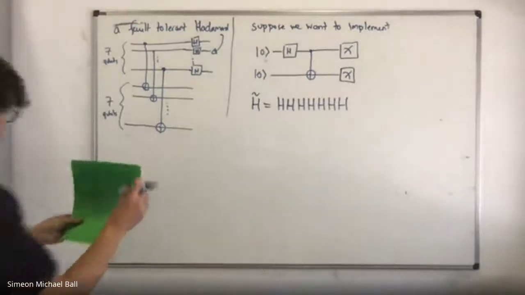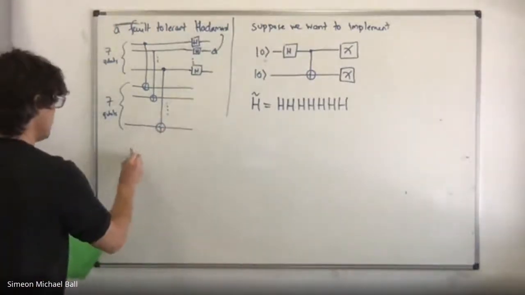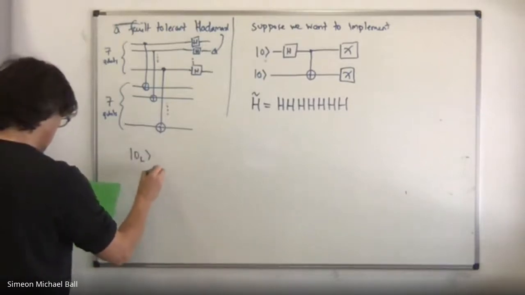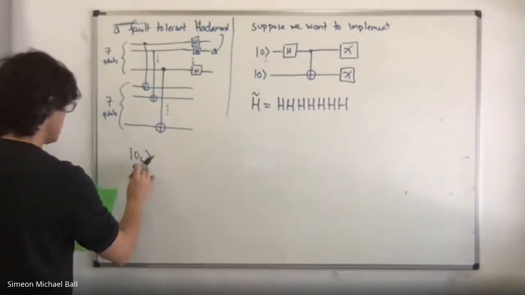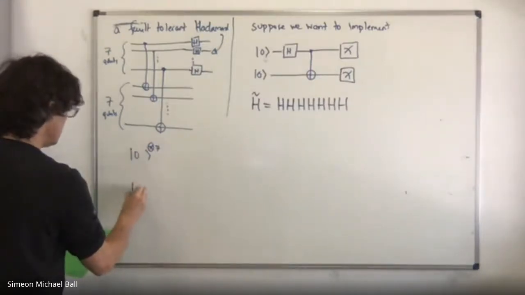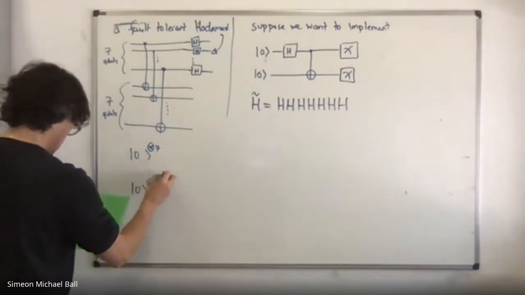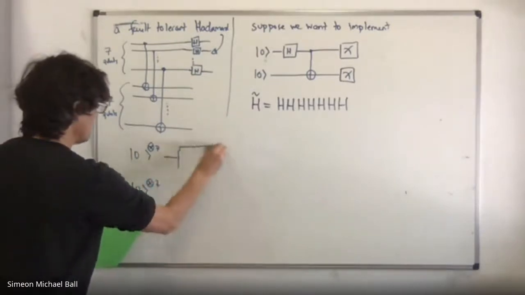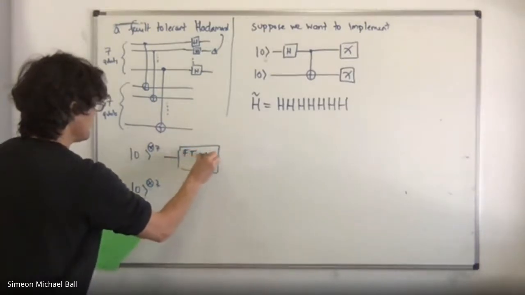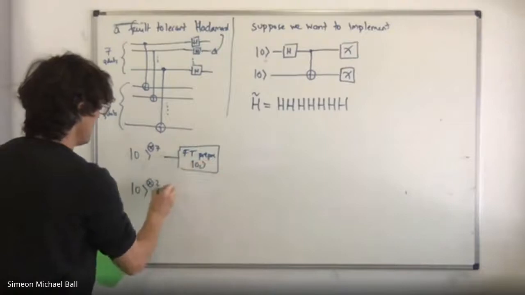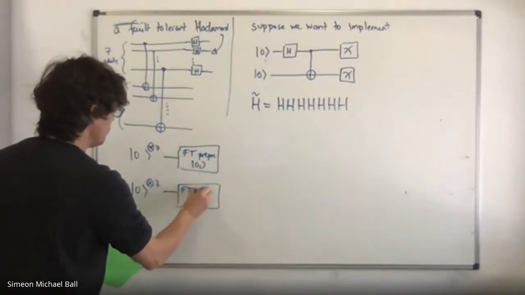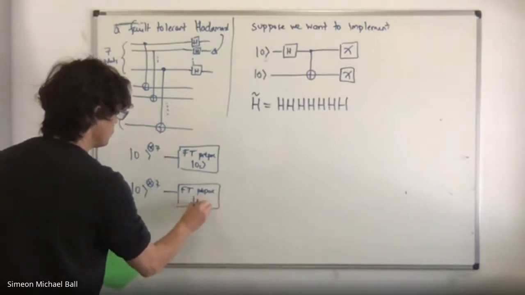And now to do this fault tolerantly, you put in your zero qubits, zero to seven, zero to seven. You do a fault tolerant prepare zero logical. So you have to work out a fault tolerant implementation to get onto your logical bits.